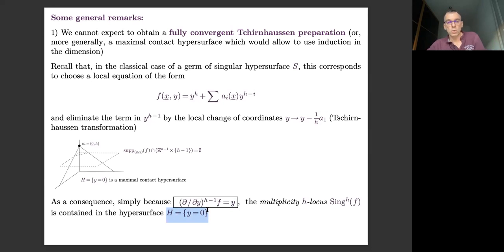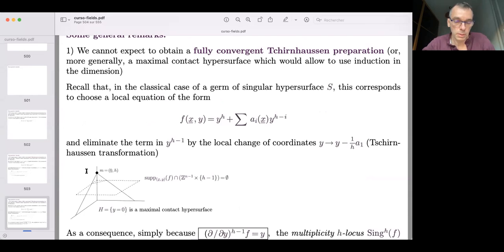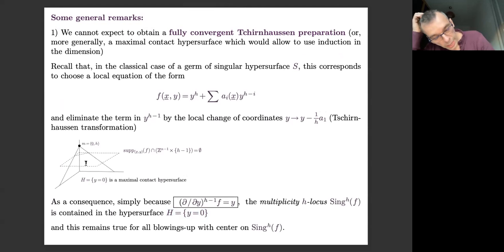This is the so-called maximal contact surface, because once you get this situation, each time you take a blowing up with center contained in the h multiplicity locus, the situation remains stable, in the sense that if the strict transform of f has a locus of multiplicity h, it will be contained in the strict transform of the hypersurface h.